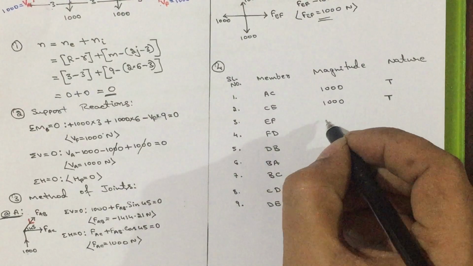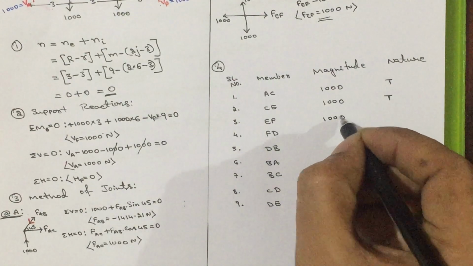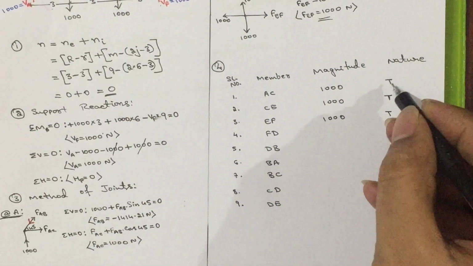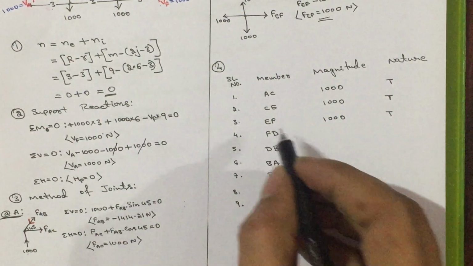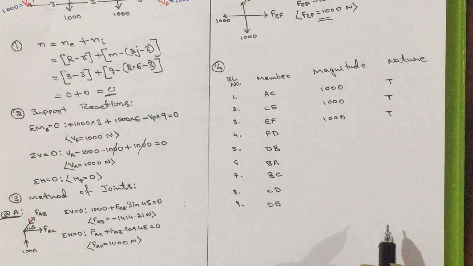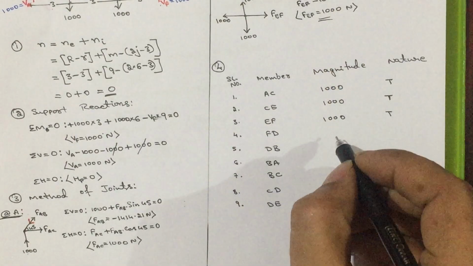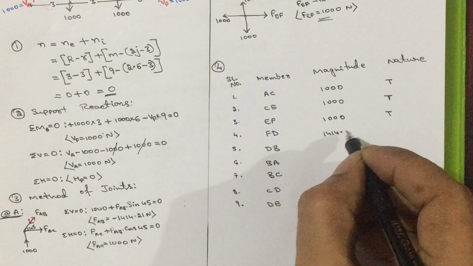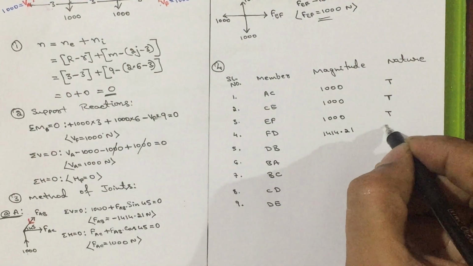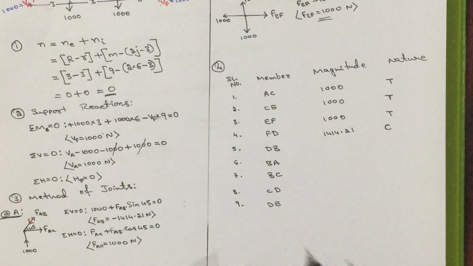EF I have got it as plus 1000, so that is nothing but tension. I am indicating tension by the letter T. Then FD or DF, I have got it as minus 1414.21, it is minus, so it will be compression.